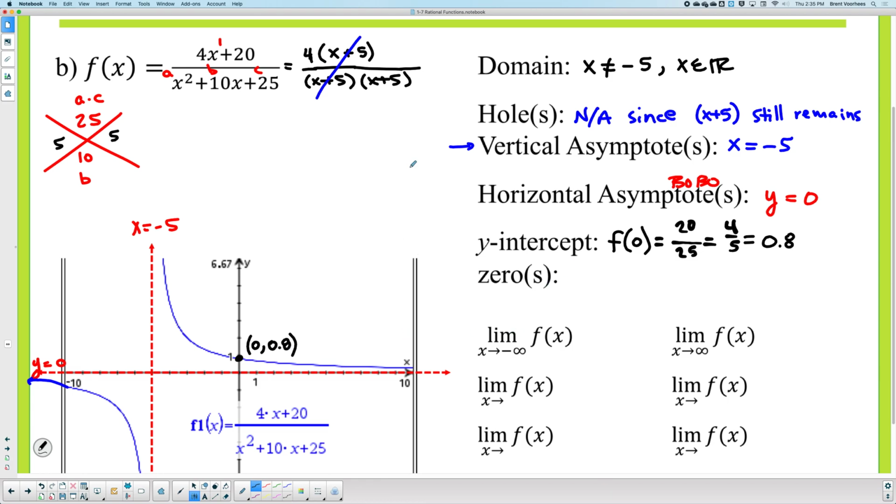And now the zeros. You solve the numerator equal to 0. I'm down to just 4 there. If I were to rewrite this one more time, I'm down to the equation 4 over x plus 5. Can 4 ever equal 0? No. So you don't have any zeros.